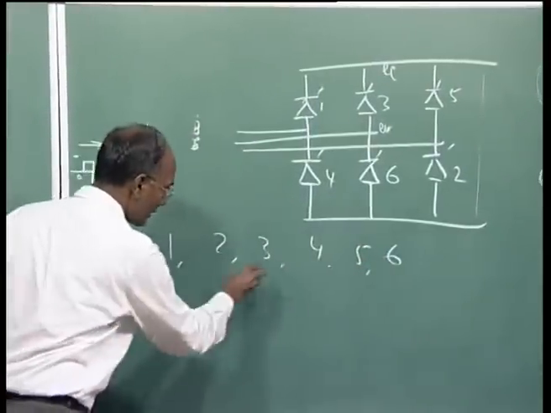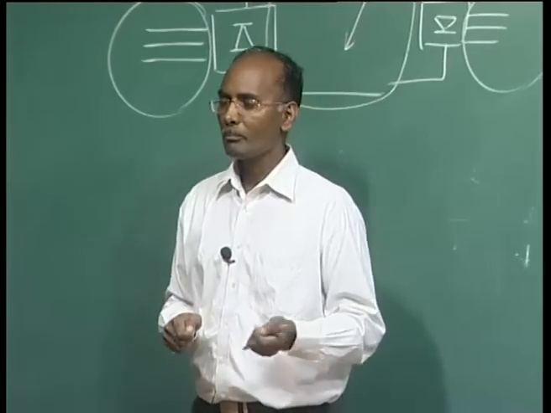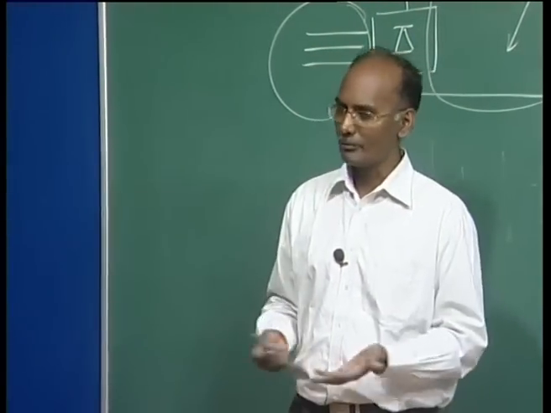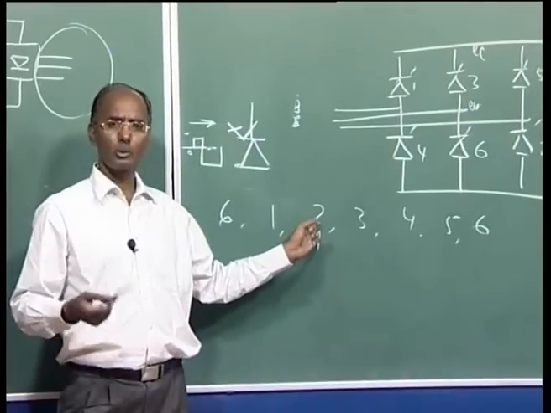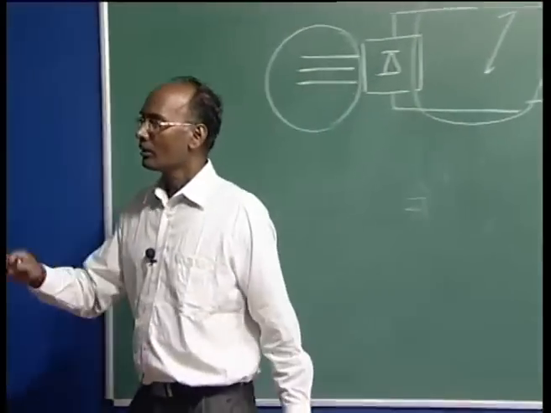So in regular sequence you are giving pulses to these valves, you get the gate pulse, but it is misfired, it is not conducting. The reason may be various, because the voltage across it is positive, it should conduct, but due to some problem it is not conducting, and that is known as misfire.